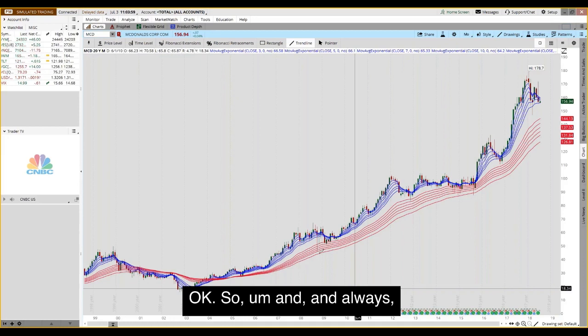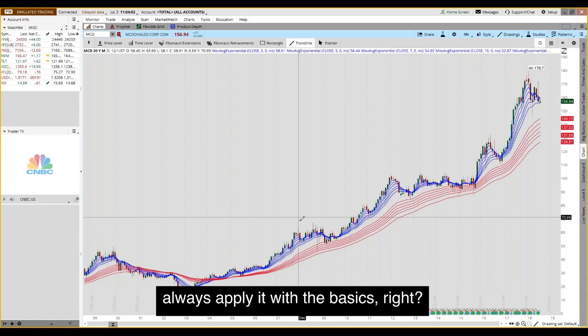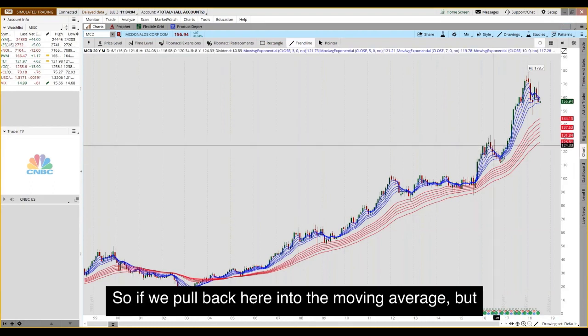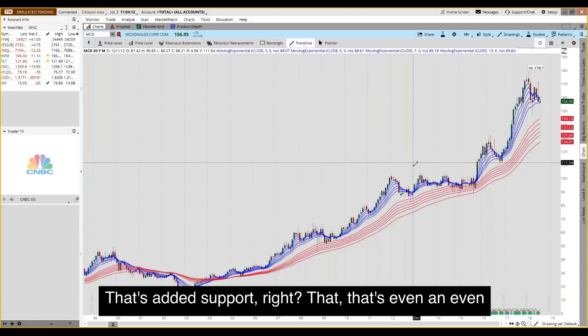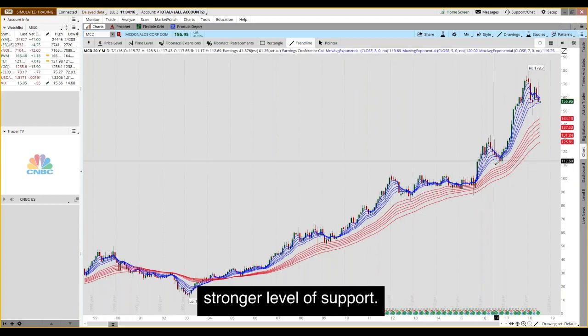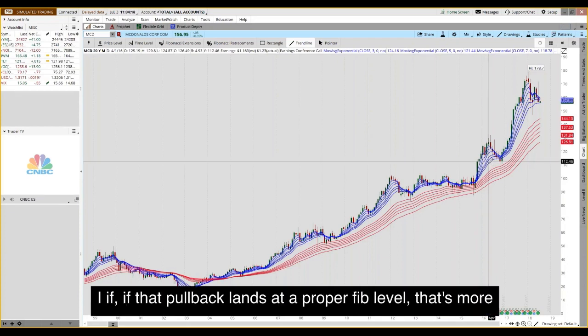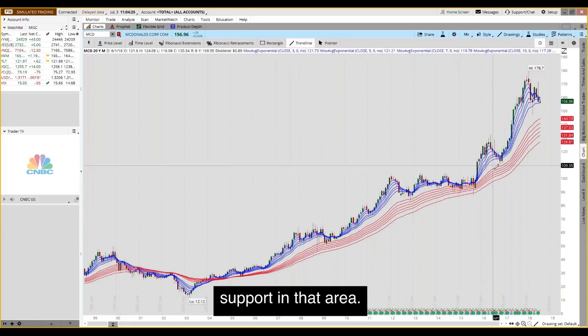And always apply it with the basics, right? So if we pull back here into the moving average, but we're also, say, at a previous high, right? That's added support, an even stronger level of support. If that pullback lands at a proper fib level, that's more support in that area.